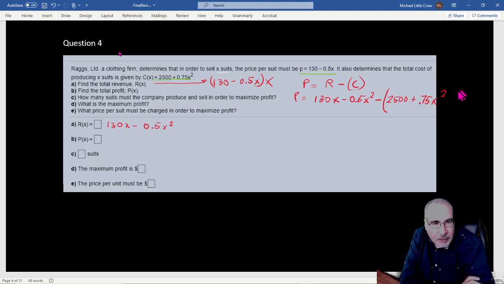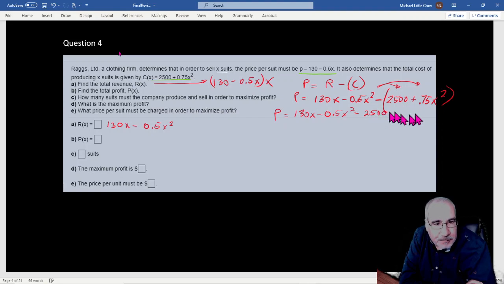That's why I like the red. So then I distribute that negative. My profit function is going to be 130x minus 0.5x squared minus 2,500 minus 0.75x squared.